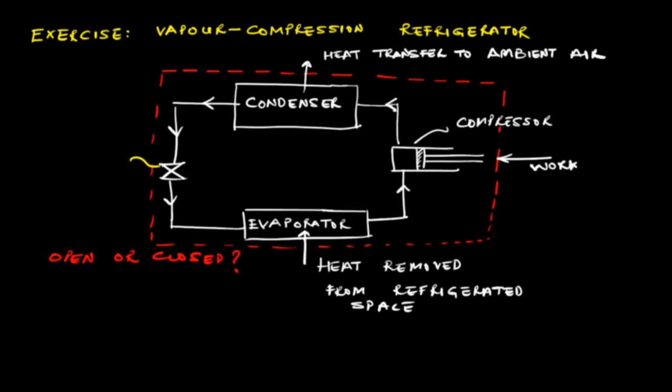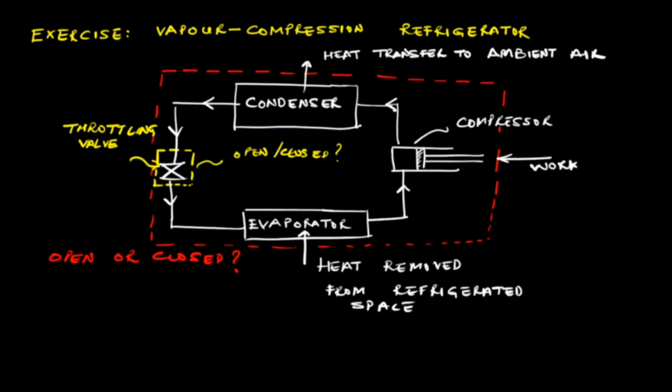Similarly, let's consider another problem. So here we have a throttling valve. If you remember from the first lecture where we discussed this vapor compression refrigerator, in this vapor compression refrigerator, if you look at this throttling valve and you consider the system boundary around this throttling valve, then again, can you say whether this system here is open or closed?